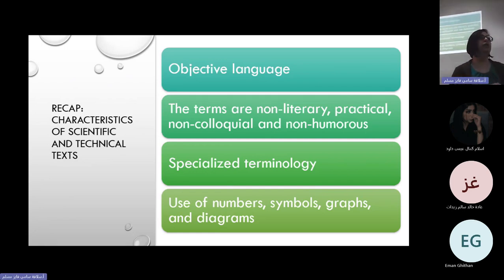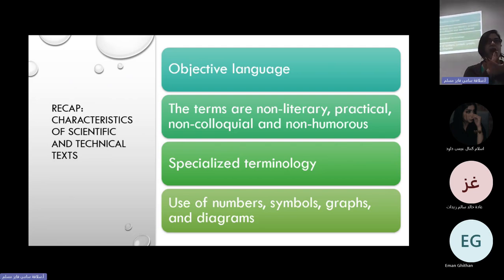We checked in Unit 1 and 2 some of the characteristics of scientific and technical texts. They are objective languages. What do I mean by objective? It's not subjective. What do objective and subjective mean? They don't carry emotions.